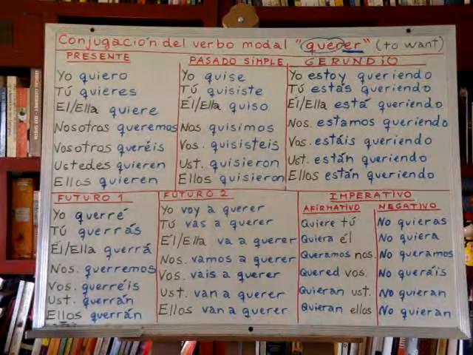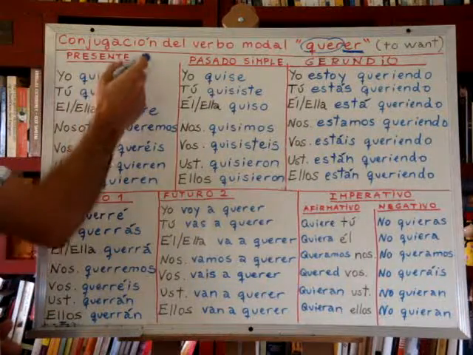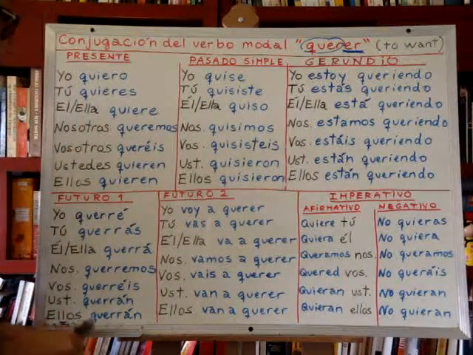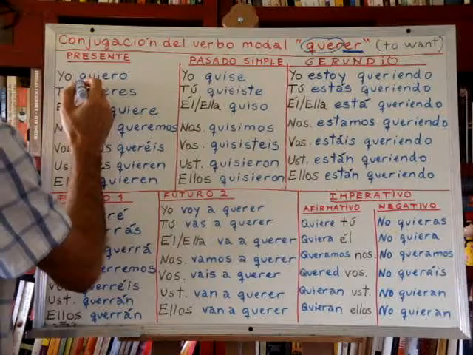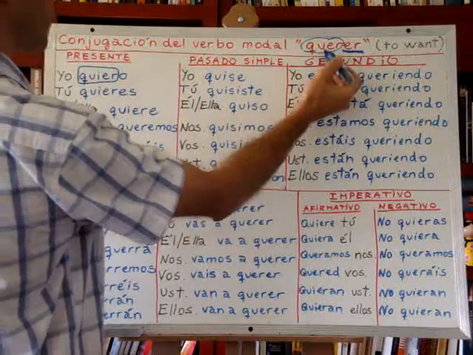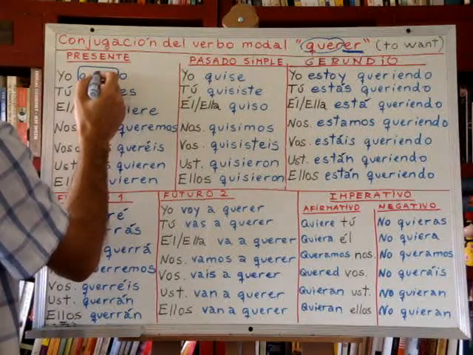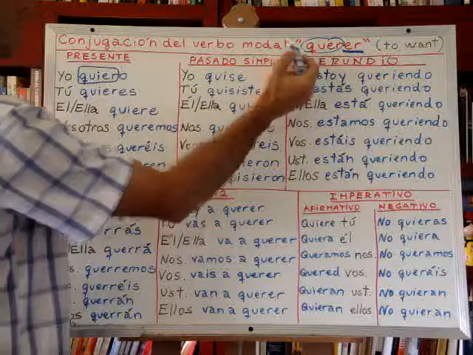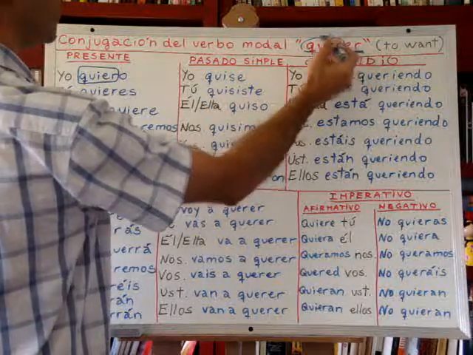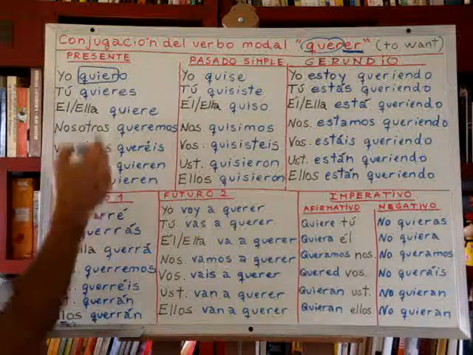So here we can see how the verb is irregular also in the present tense conjugation. Look at this here, okay? You can see that the root of the verb has changed. We have added a letter I here, okay? That does not appear in the root of the verb in infinitive. So this is an irregularity.